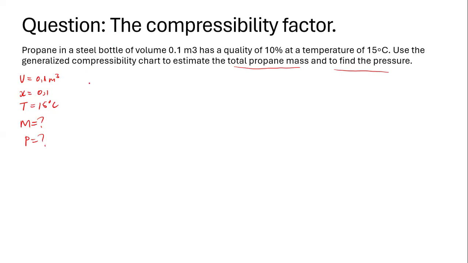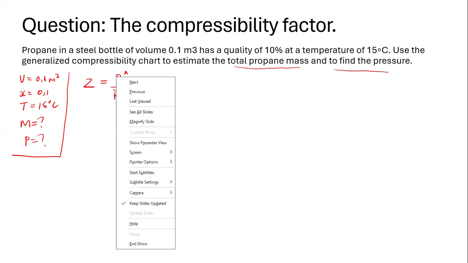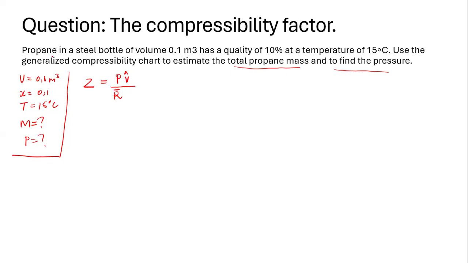The equation is denoted by Z equals pressure multiplied by the specific volume divided by R. I'm going to write the specific R with a dash because it is divided by the molar mass of the propane. It's divided by the molar mass or molecular weight of propane.